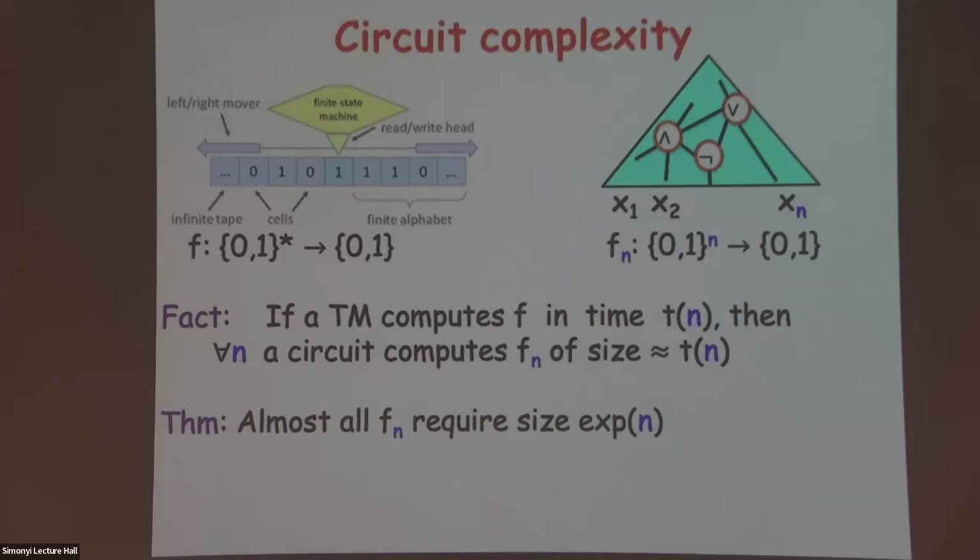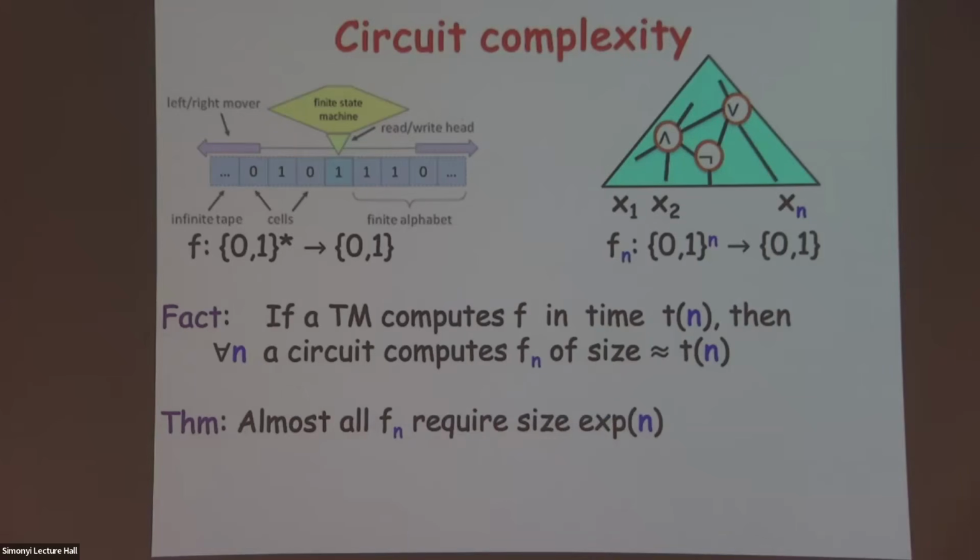Here's a theorem of Shannon, very simple, realized by others. If you look at all possible Boolean functions on n bits, there are doubly exponentially many of them. Circuits of some size are only exponentially many in the size. So this immediately implies that for almost all functions, the circuit needed is exponential.